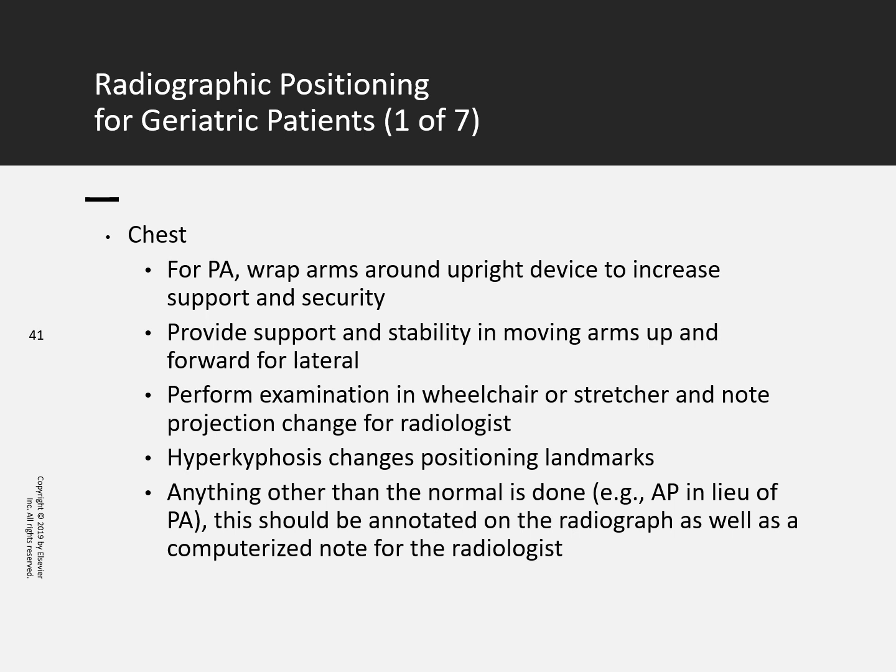If we deviate from PA to an AP, we should be writing a note either on the radiograph as a digital commentary or in the patient's chart or exam comments or wherever it goes. We need to write that we did in fact shoot an AP instead of a PA.